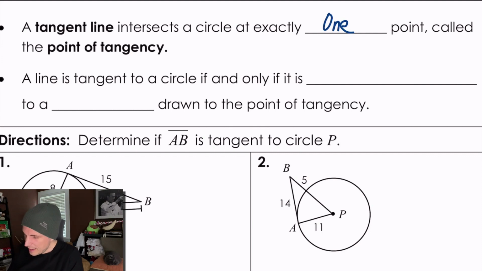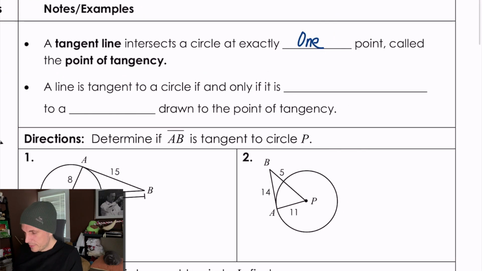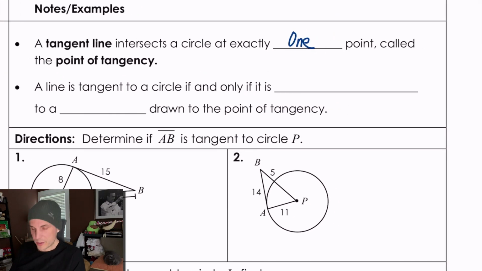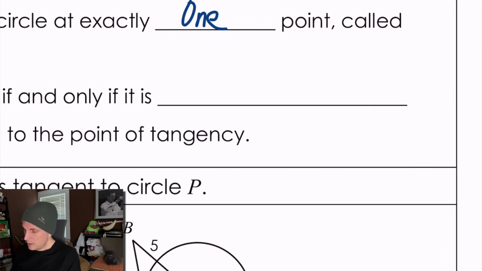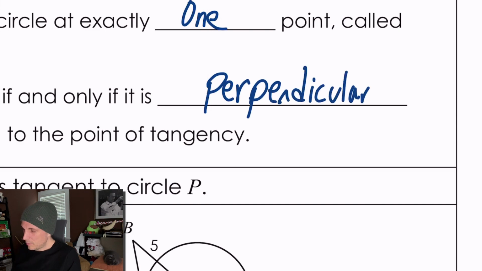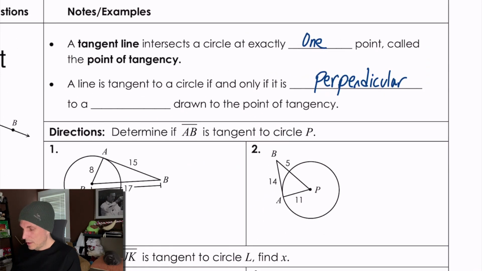Okay, now here's a fun little theorem about tangent lines drawn to circles. A line is tangent to a circle if and only if it is perpendicular to a radius drawn to the point of tangency.